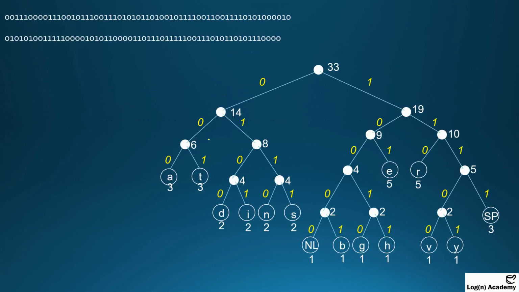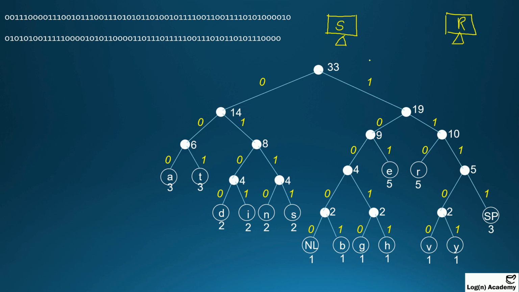Let's check. We have this tree that we created in the last lecture, and to restore the message, let's say this is a sender machine, I'm using S for sender, and this is the receiver machine, and I'm using R for receiver.